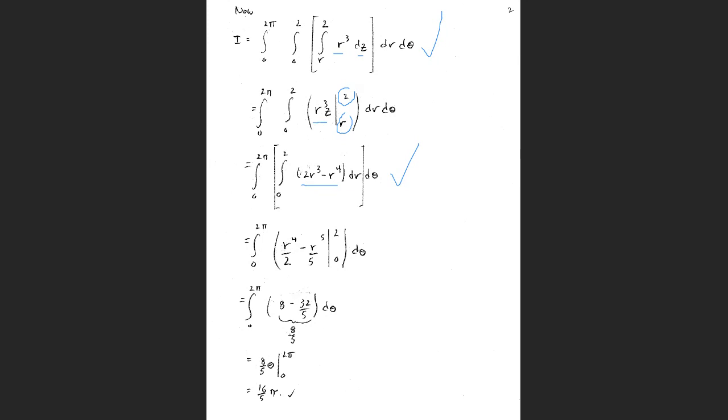Now you integrate with respect to r. Your antiderivative will be r to the 4th over 2 minus r to the 5th over 5. You put in 2 and 0.